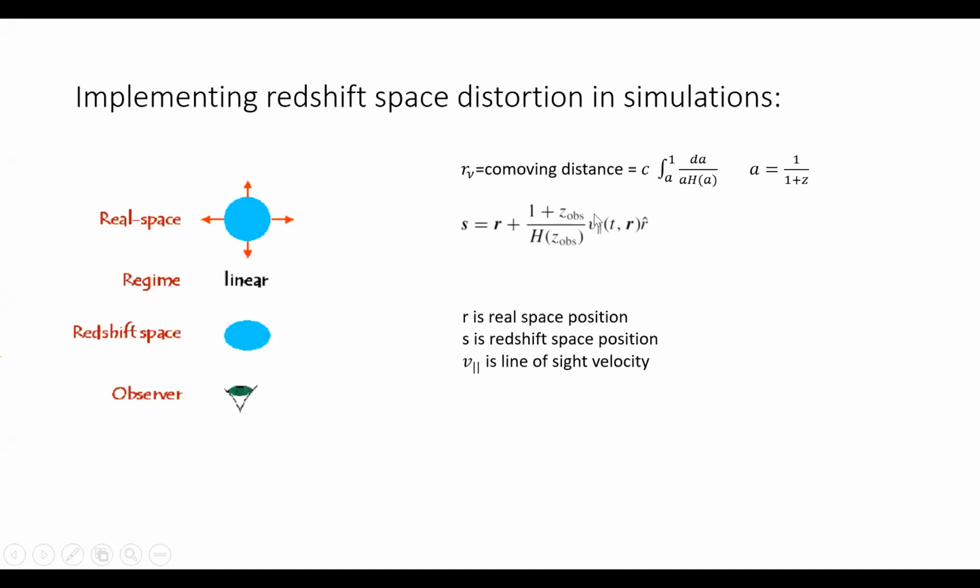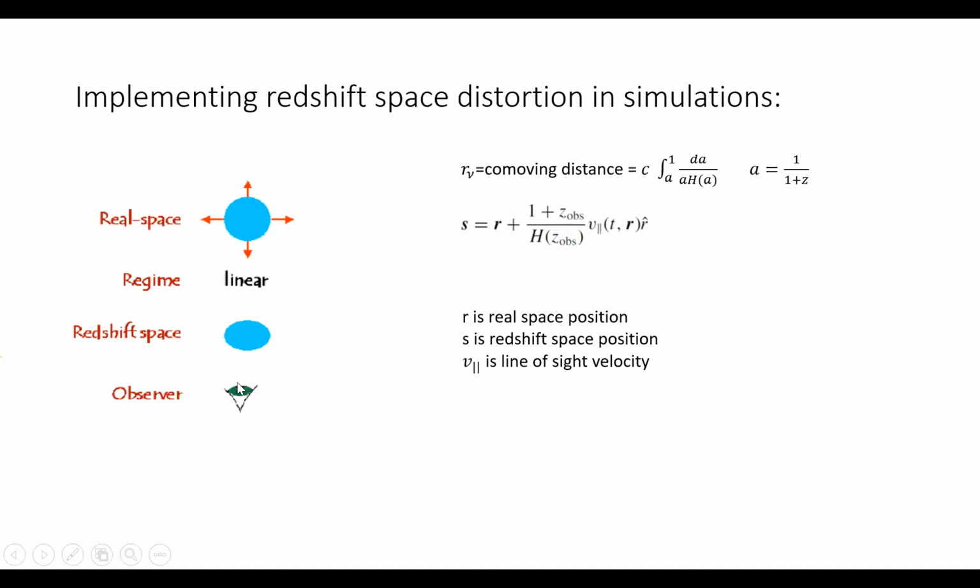Of course, here v is assumed to be very small compared to c, which is a very good assumption. Now, here you see this cartoon picture. If you have a spherically symmetric object in real space, it may appear compressed in redshift space.